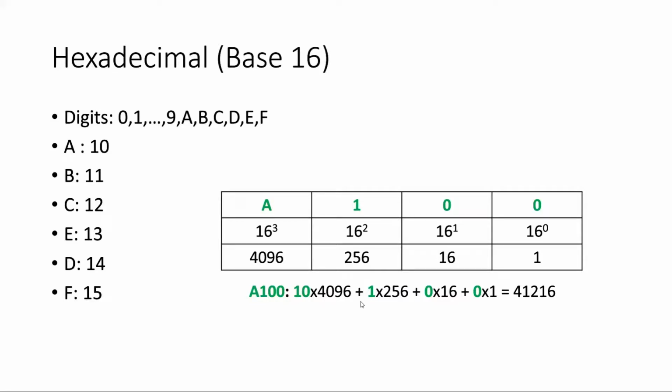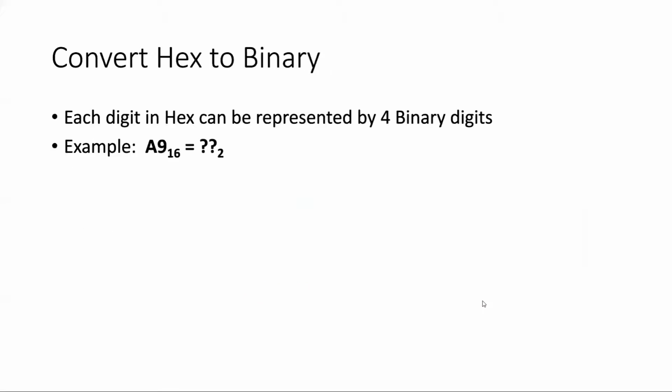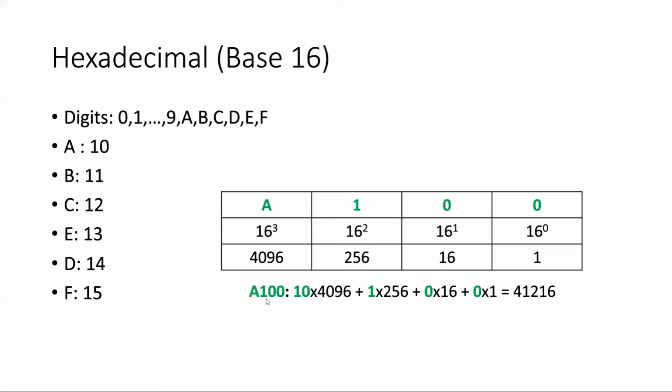Then we need to add it to the next value, which is in this case 1 times 256. This position, I mean. And in the next two positions, we have 0. So A100 in hexadecimal representation is equivalent to 41,216 in decimal representation.